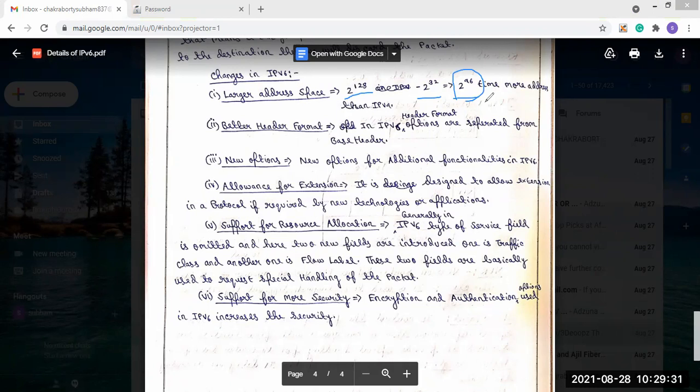Also, there is a better header format in IPv6, because the options are separated from the base header.